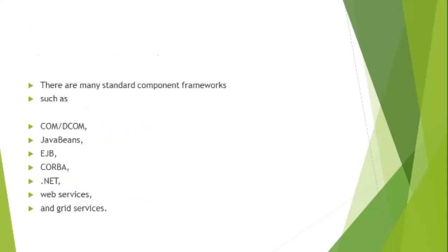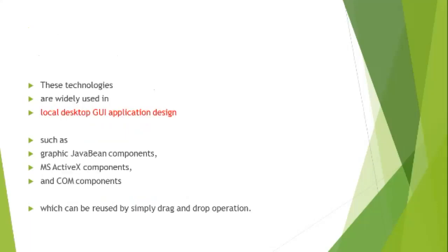There are many standard component frameworks such as COM, DCOM, Java Beans, EJB, Corba, .NET, Web Services, and Grid Services. These technologies are widely used in local desktop GUI application design, such as graphic Java Beans components, MS Active components, and COM components, which can be reused by simply drag and drop operation.